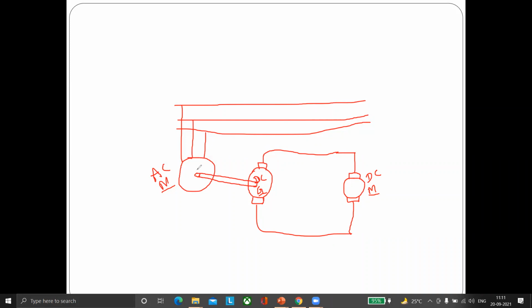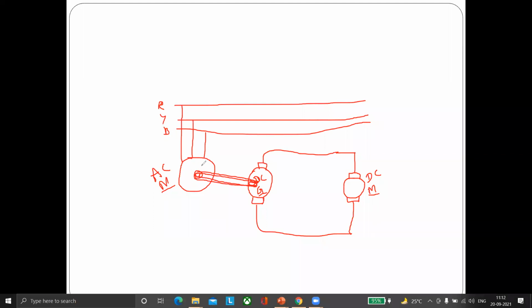Yes, this AC motor is mechanically coupled with the DC generator. When this motor starts by giving the three-phase AC supply, what will happen?